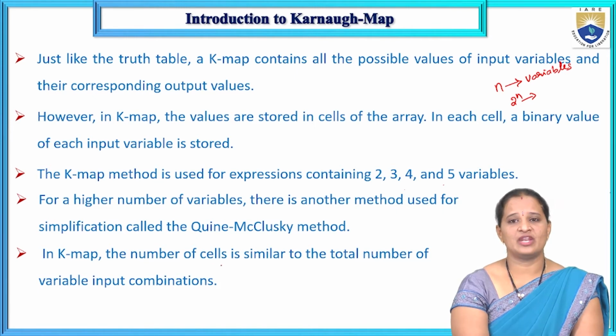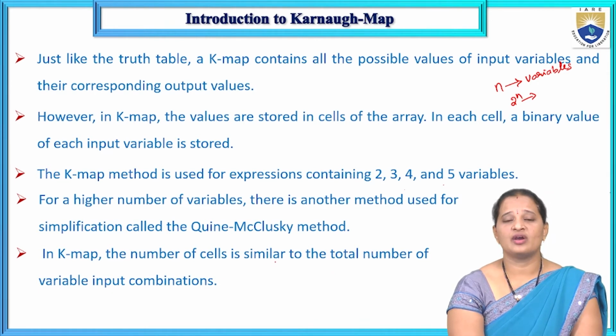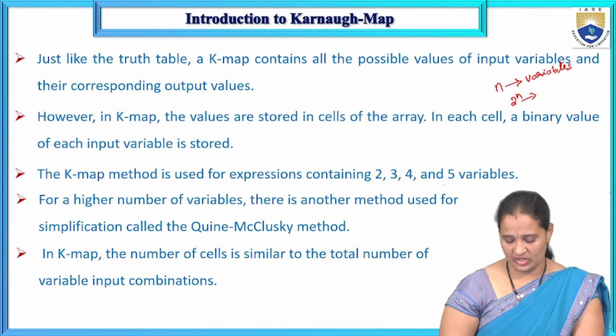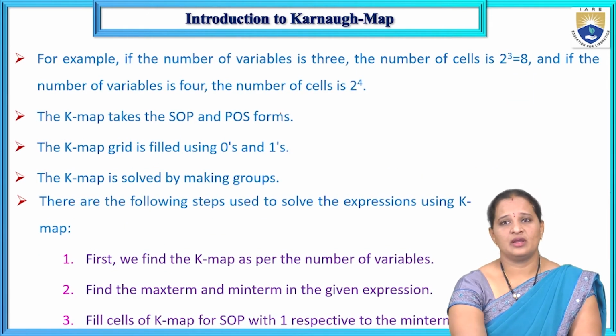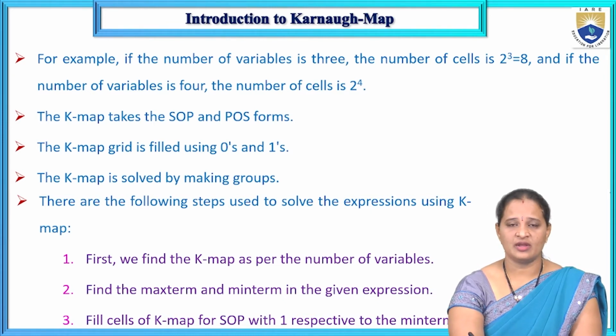In a K-map, the number of cells is equal to the total number of input combinations. For example, if a function is a 3 variable function, how many possible input combinations will we have?